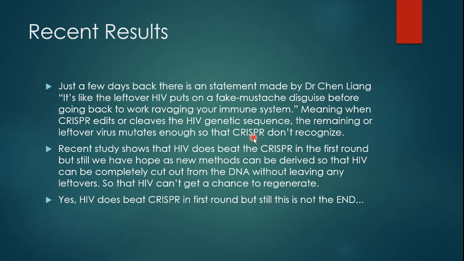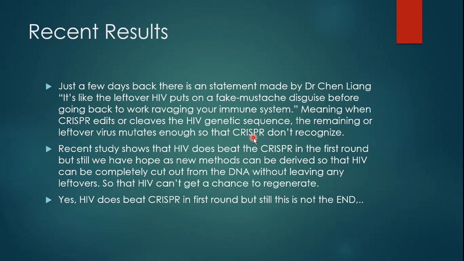They know that CRISPR is editing or cutting, so they mutate themselves so that CRISPR won't be able to recognize where to cut. Recent studies show that HIV does beat the CRISPR in the first round, but still we have hope as new methods can be derived so that HIV can be completely cut out from a DNA without leaving any leftovers. Because if any part of the HIV remains in our body, it will replicate itself.